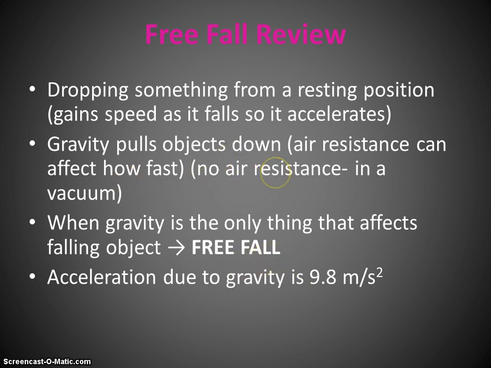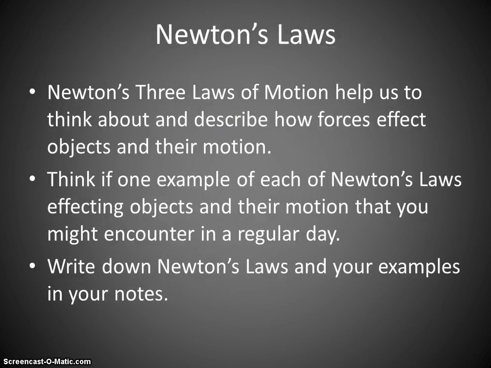We have no air resistance, obviously, in a vacuum when there is no air. The concept of when gravity is the only force acting on an object, which cannot happen on Earth, once again, because there's air everywhere, unless you create a vacuum. That is called free fall. Orbiting objects, once again, are in free fall because it's just that gravity.